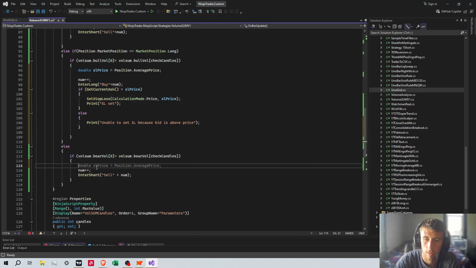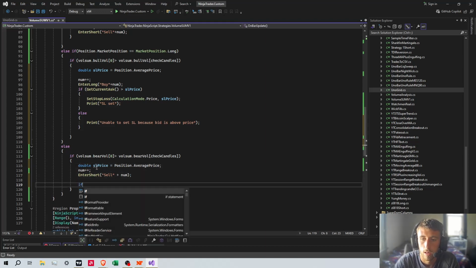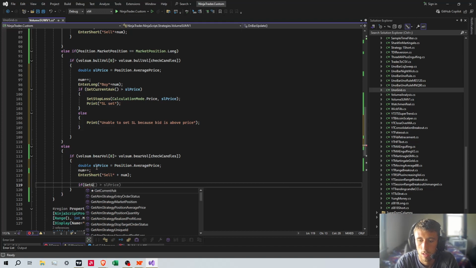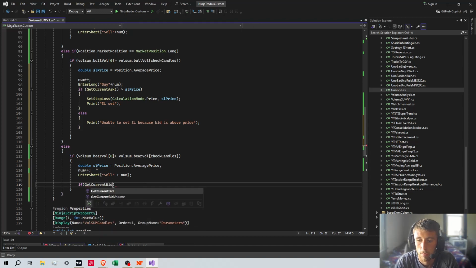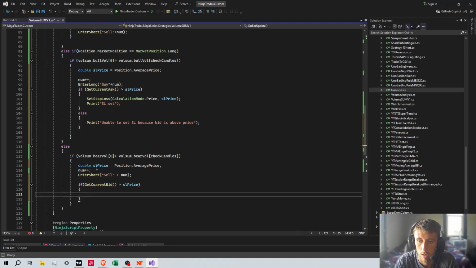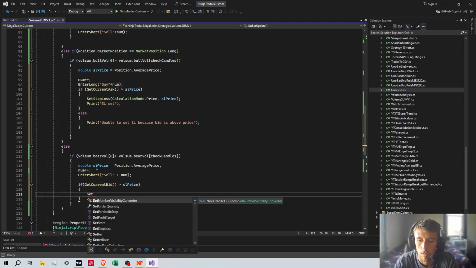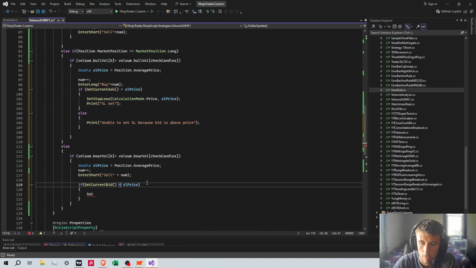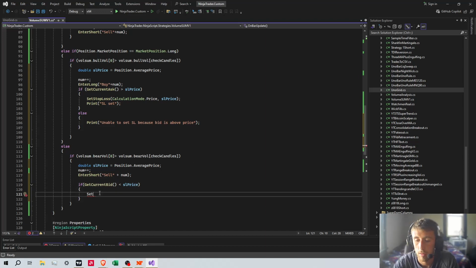Now let's do the same thing on here. Double SL price equals position average price. Then if get current bid is greater than stop loss price, we will get an error when trying to set it. So if bid is less than stop loss price, then we're chilling.